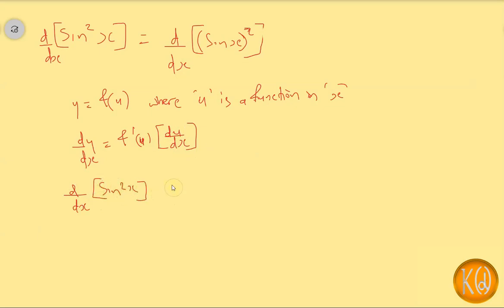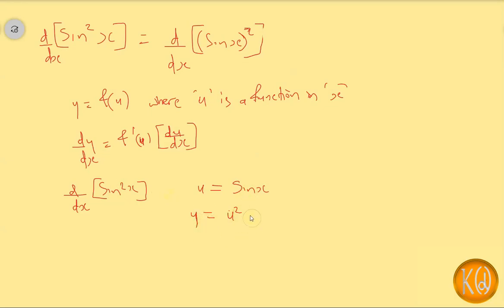Good. Based on that, our u would be equal to sine x. Good. Therefore, y would be equal to u squared. Since sine x is u, and sine x is being raised to the second power, therefore y would be u squared.